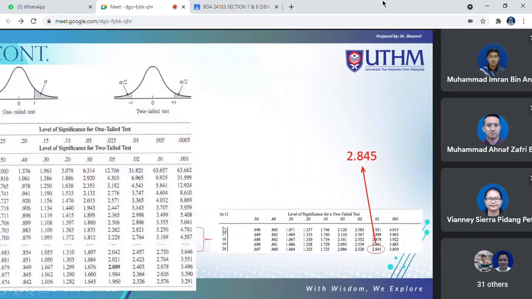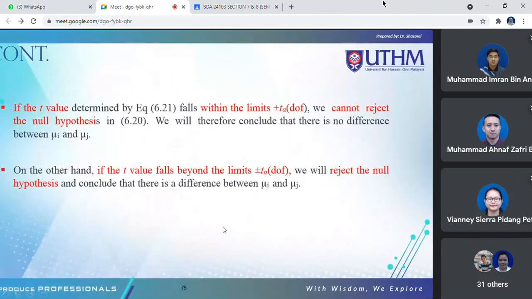But why, when we look at the table, are we not dividing the alpha by 2? Just remember in this chapter, when you do the analysis using the ANOVA, do not divide the alpha by 2. Just remember it as shown in the slide.